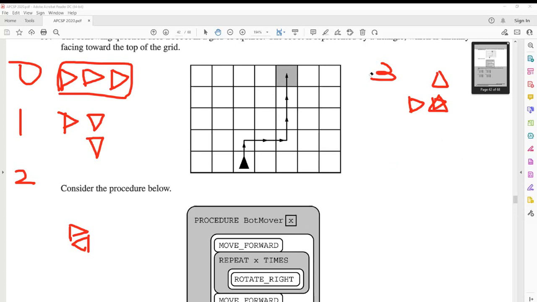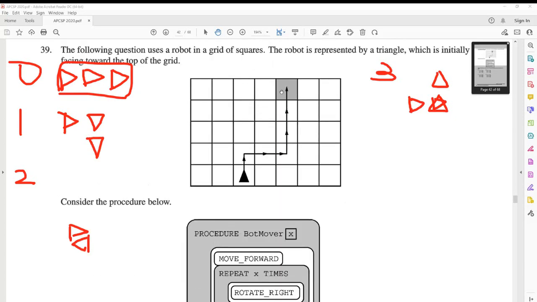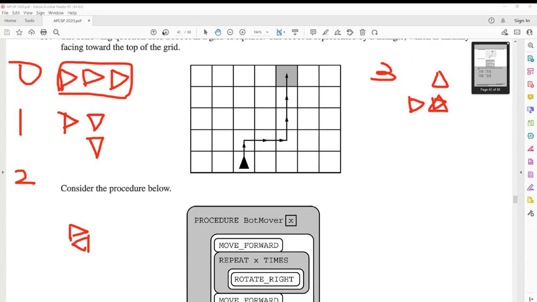Okay, let's actually look at the answer. Which of the following can go along and go to here? So basically, this one, you will go this way, and then you are here. So this whole thing can be done by X equals 1, and then you go this way.